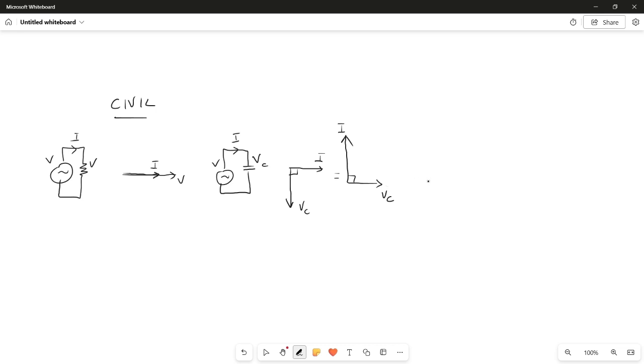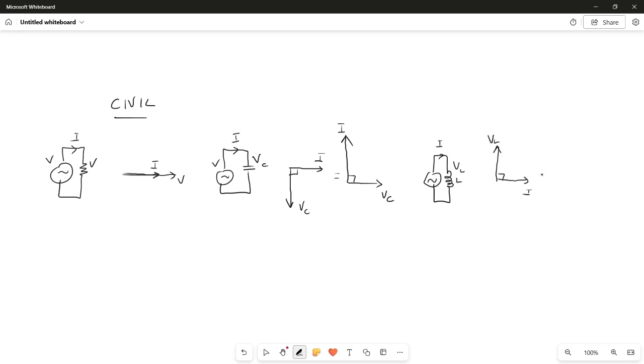Now, for an inductor, I will use this here. The voltage leads the current for an inductor, L. Okay, so the VL, this is I. And so what I would do is, if this is my current, then my voltage leads the current, and so it would be up here, VL.